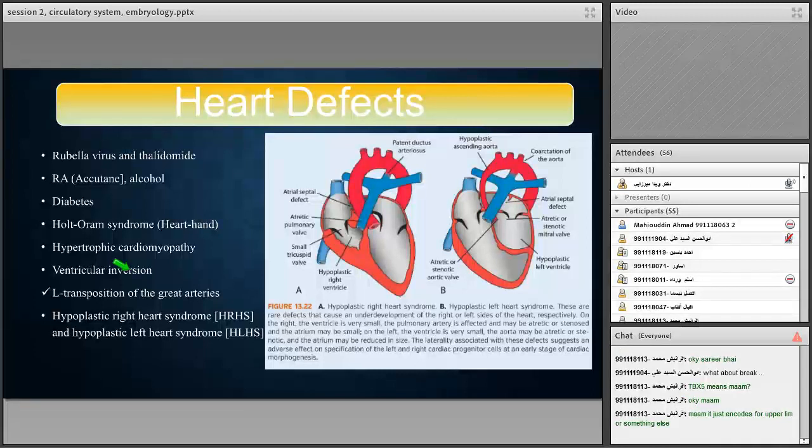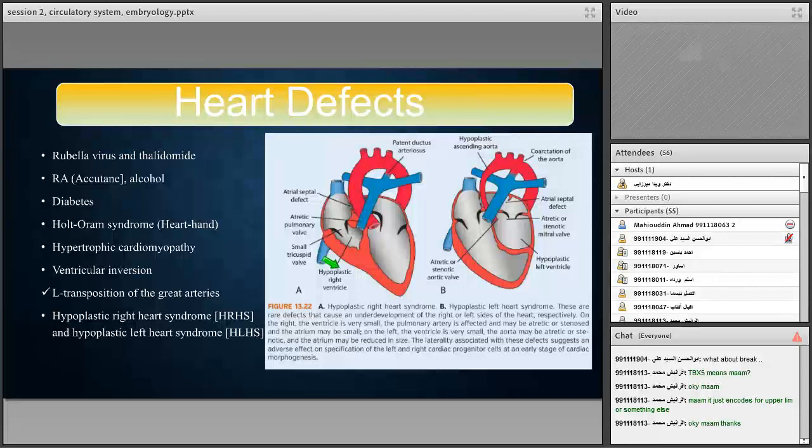Yes, the upper limb and heart, septums of the heart. So, the left ventricle is connected to right atrium through the mitral valve, and the right ventricle is connected to the left atrium through tricuspid valve. It is called ventricular inversion.